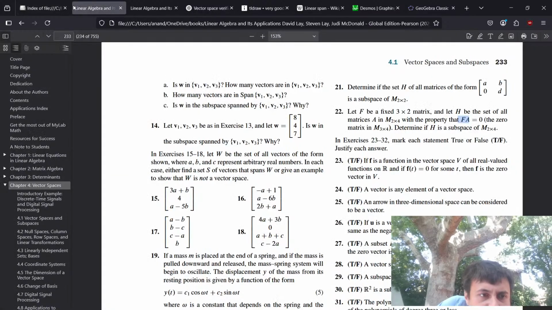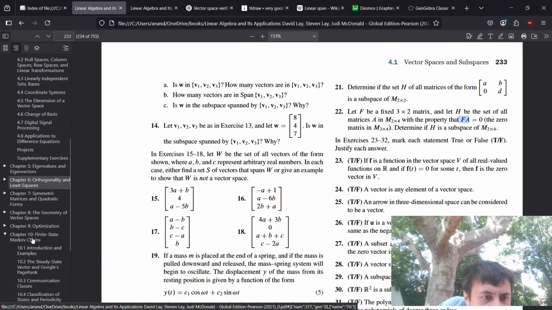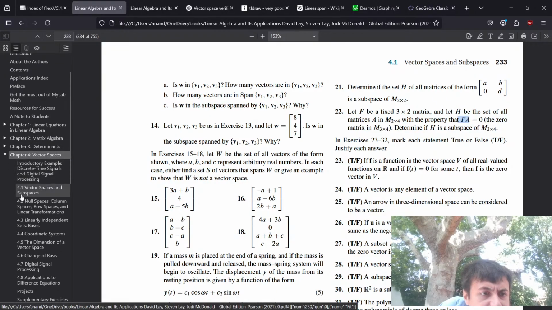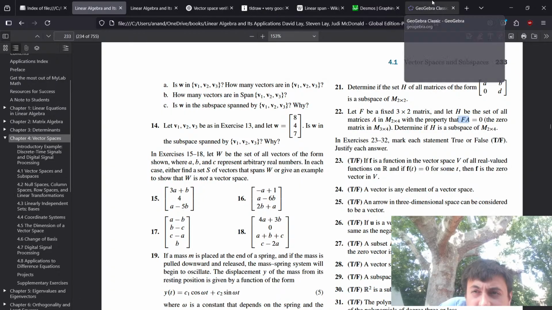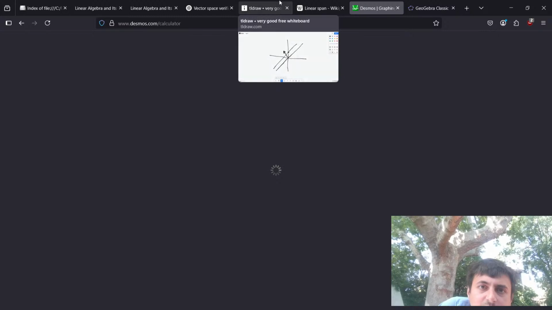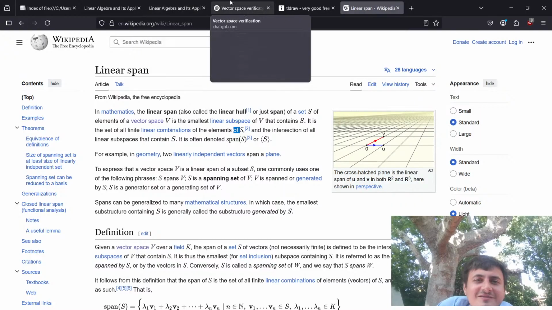Actually, when do general linear transformations show up? I mean, I guess we already did it. Oh, here we go. Null spaces, column spaces, row spaces, and linear transformations.